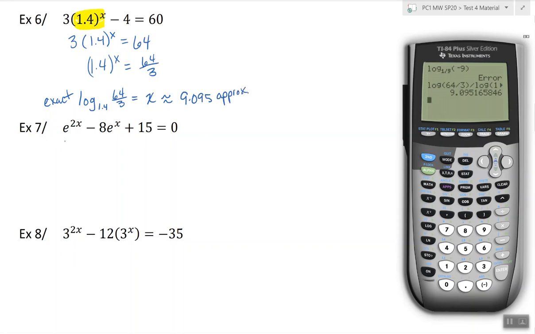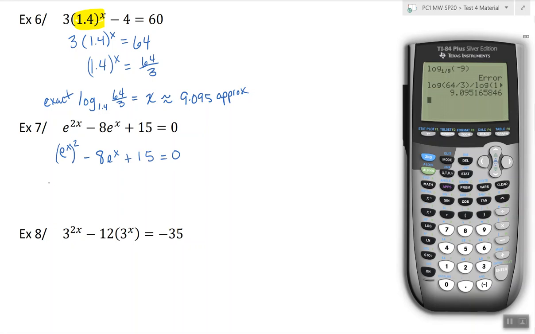All right, example 7 looks very different, but it is an example of a problem that is quadratic in form. You see, we have this e to the x, and this is really an e to the x squared right there. So we have this problem that is quadratic in form.